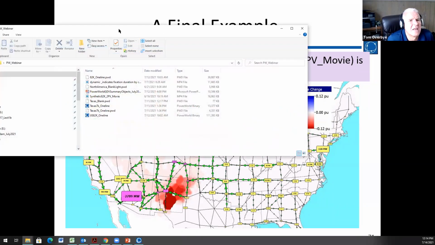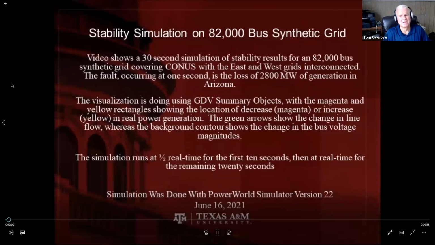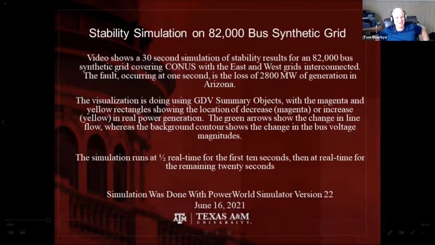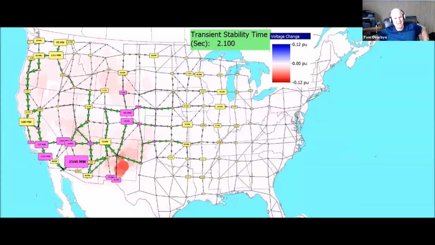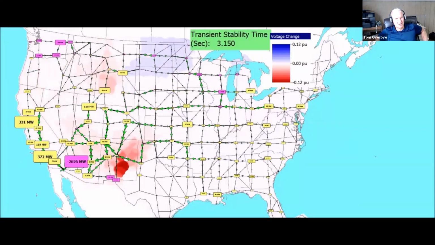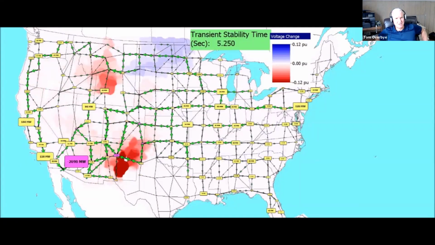And I included this MP4 on the download as well. So I don't know if people can, it's not doing anything yet, but this is just showing the simulation, and I just took a bunch of the images and put them together and made this movie.